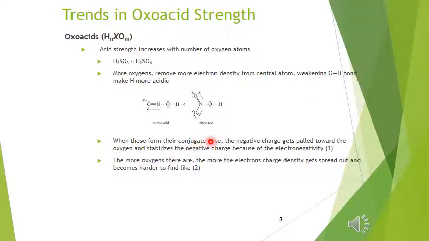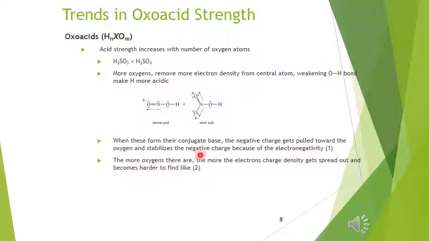When these guys form the conjugate base, which I really think is probably more important than anything here, a negative charge gets pulled towards the oxygen and stabilizes because of electronegativity. So that's the first thing: the electrons get pulled away from anything out here, and they're happy with all these things.